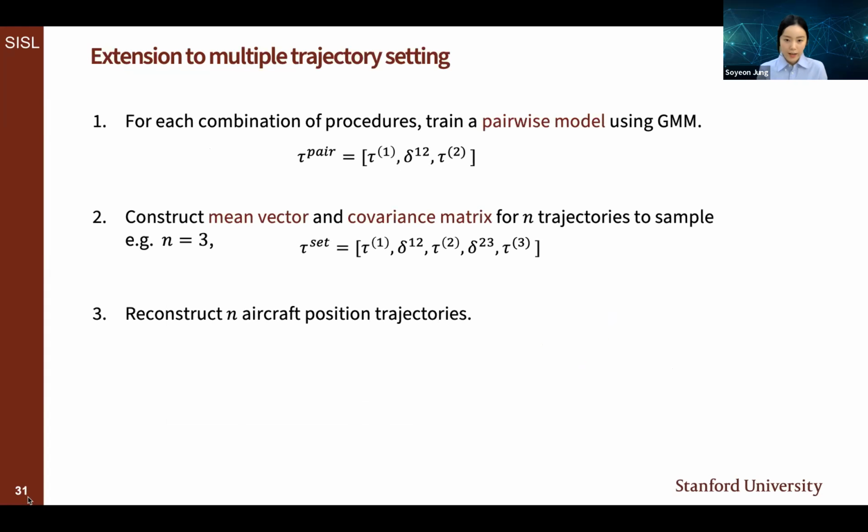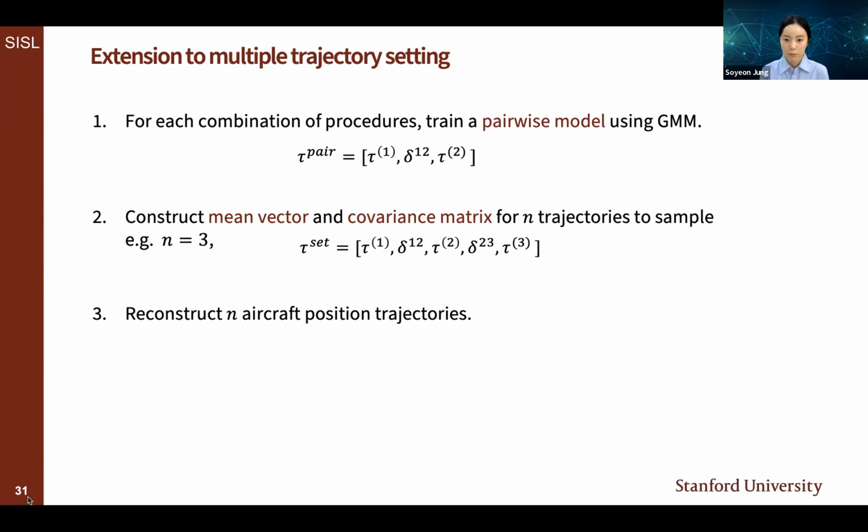Now, I'll explain how the single trajectory model can be extended to a multiple trajectory setting using a pairwise modeling approach. For each combination of procedures, we train a pairwise Gaussian mixture model whose input tau pair includes the deviation trajectories of two successive aircraft and the interarrival time between them.